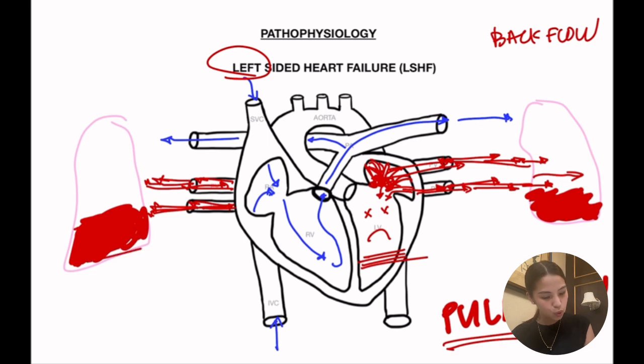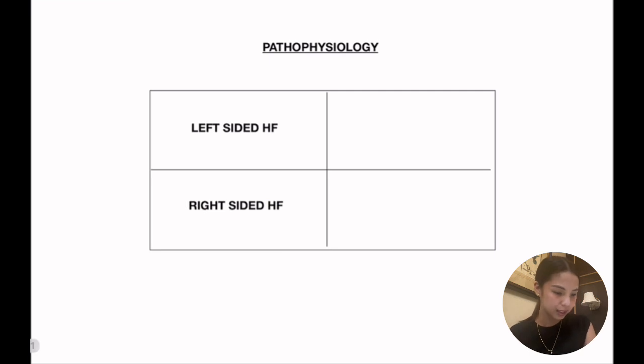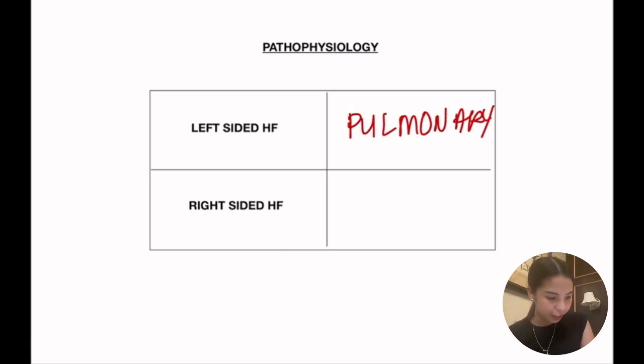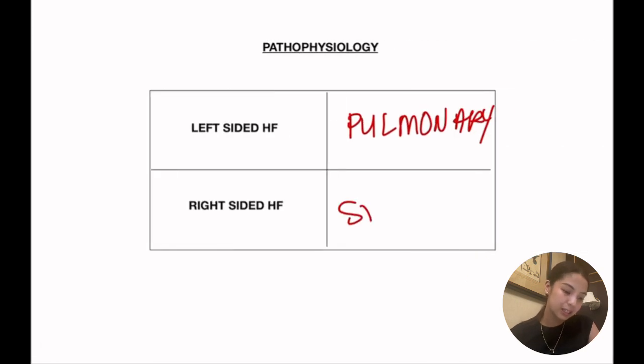The blood pools over here in our lungs because of the concept of backflow. And in right-sided heart failure, it backflows into your superior vena cava, inferior vena cava, and to the rest of the veins in the kidneys and the liver. The problem is systemic.